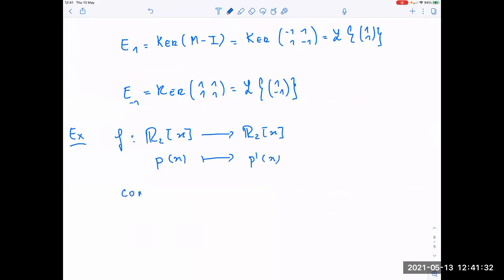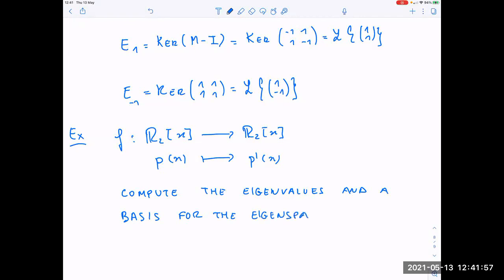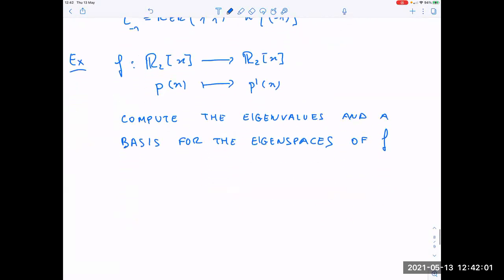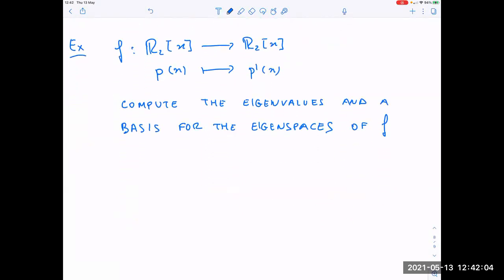And let's say we want to compute the eigenvalues and a basis for the eigenspaces of f. So let's see how you do this, how you manage to work in this case.